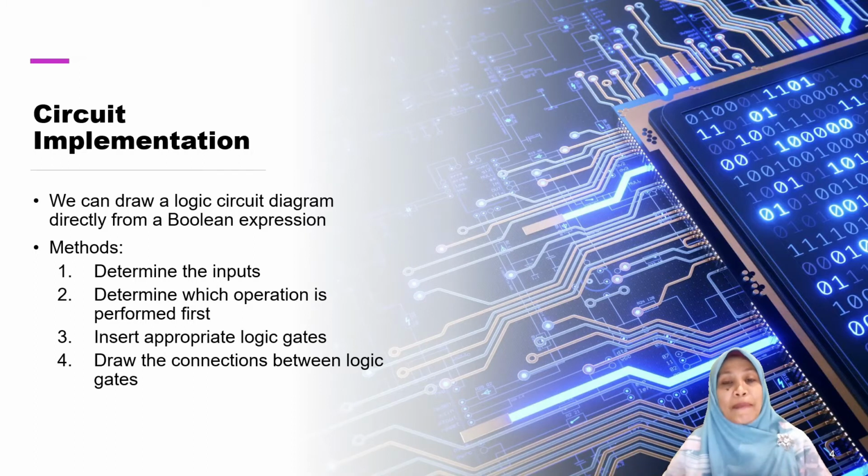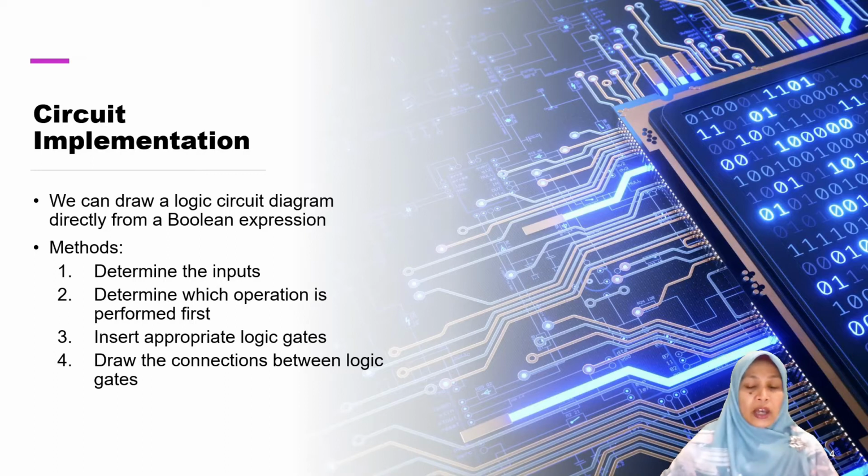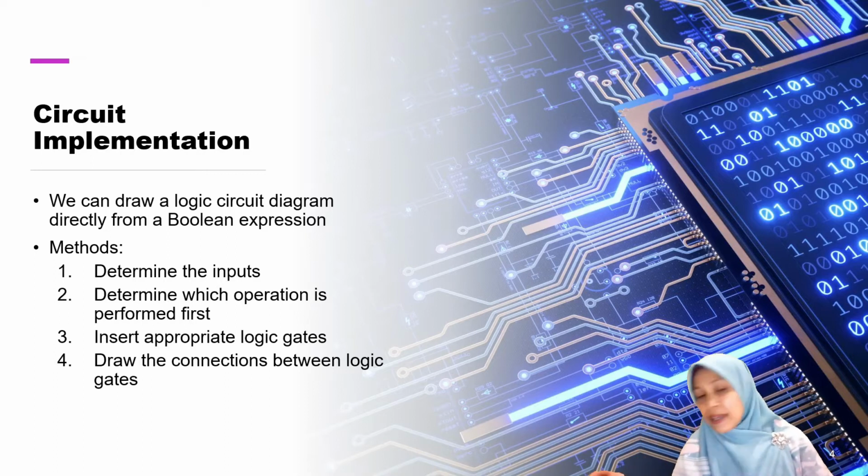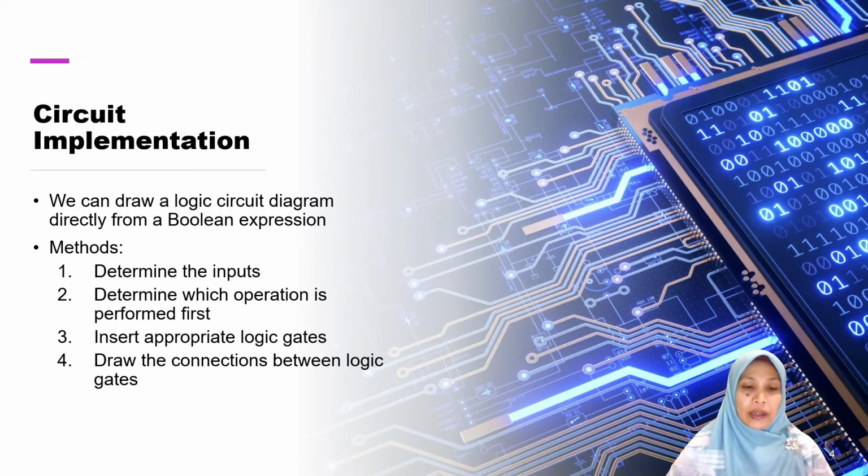Okay, the concept is applied in digital logic design. When we have the AND operation, we will do the AND operation first, and then after that the OR operation. Okay, the third step is to insert appropriate logic gates.